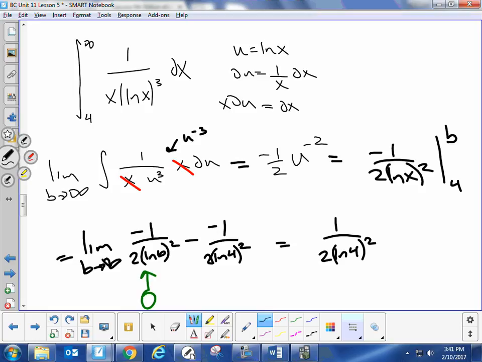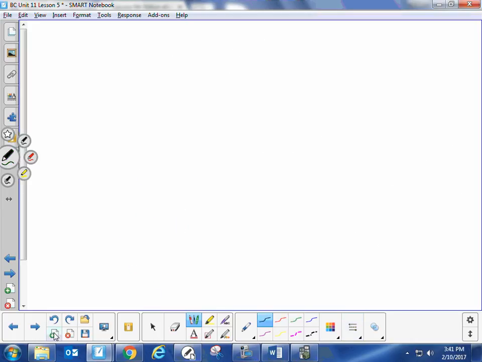You'll find when we do these, typically this will either be infinity or it'll be 0. Let's do a very, very obvious one, and you guys can kind of figure this out yourselves as well.